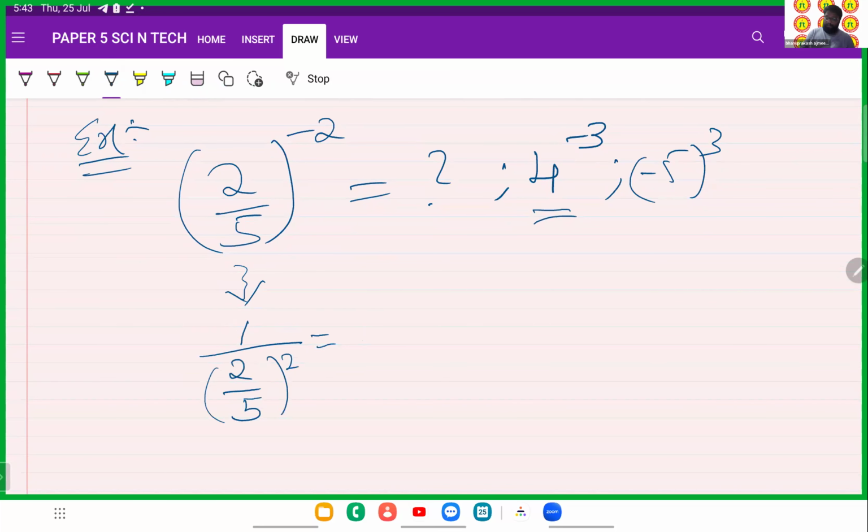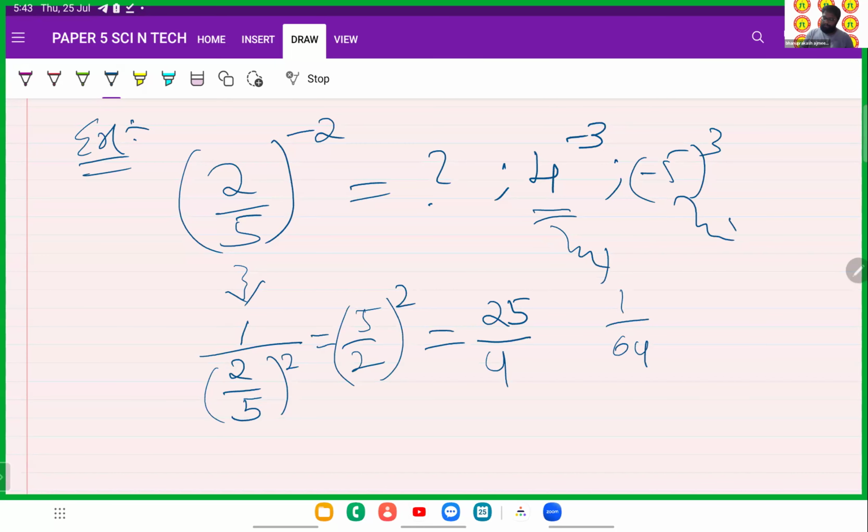So 1 by (2 by 5) whole square can be written as 5 by 2 whole square. You have to take the inverse. So 25 by 4 is the answer for this. And for the other, you know that is 1 by 64. This is minus 125.